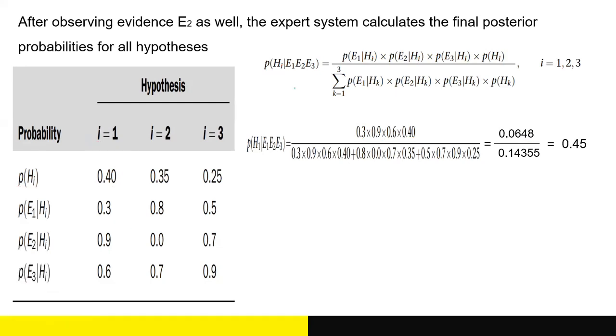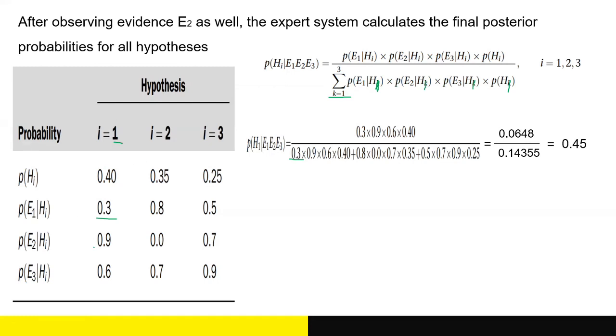So the sum from k equals 1 up to 3. So our index k is equal to 1. So the probability of evidence 1 given hypothesis 1. So our k is 1. And then evidence 1, we have 0.3 times the probability of evidence 2 given hypothesis 1.